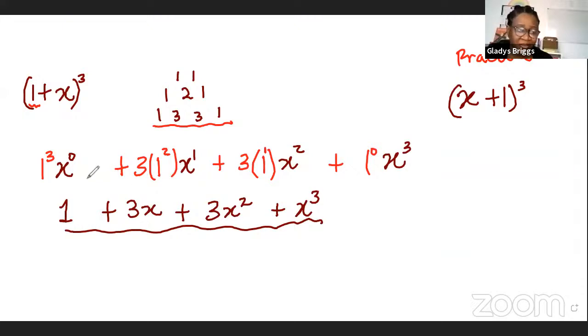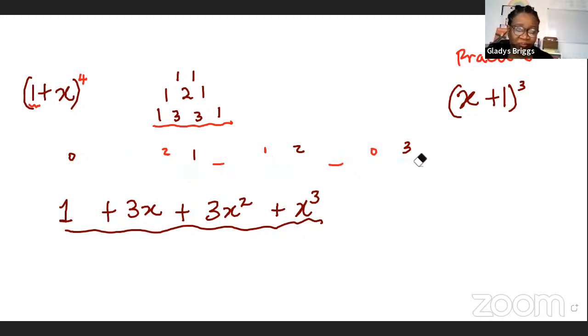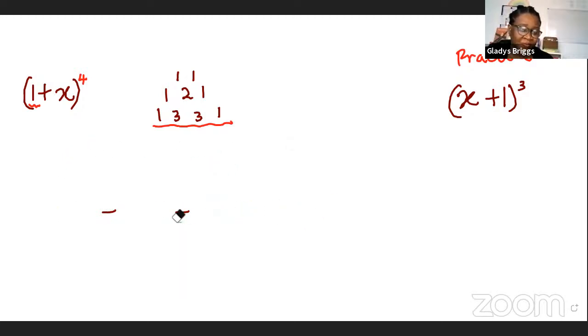So for this one, 1 plus x to the power of 4. We know that we're going to be using the fourth line, and the fourth line would be 1, 4, 6, 4, 1.